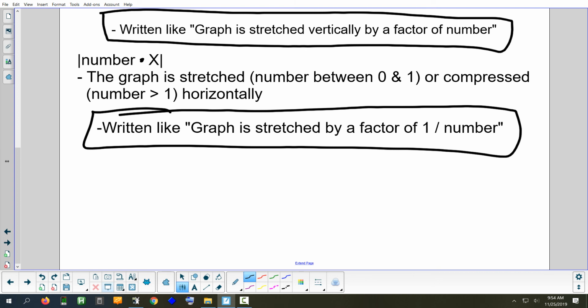Graph is stretched, we're just going to put in the word horizontally. Graph is stretched horizontally by a factor of 1 over the number.